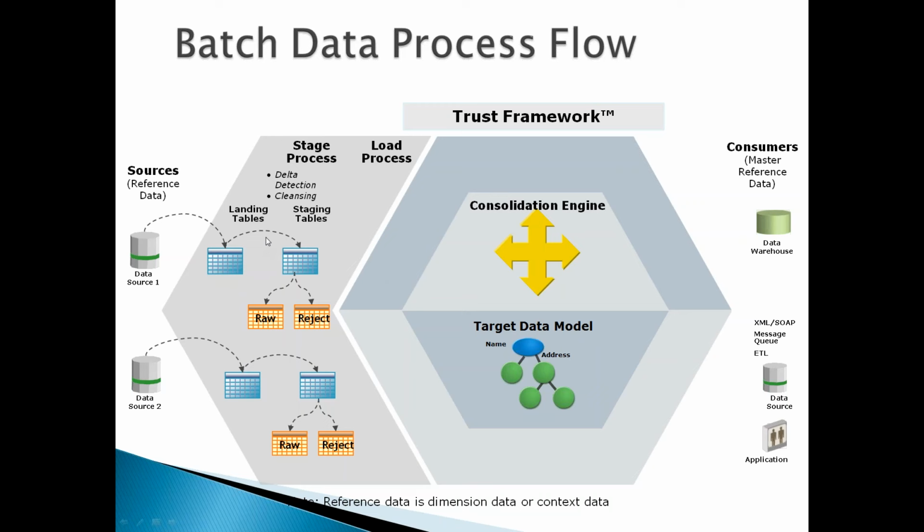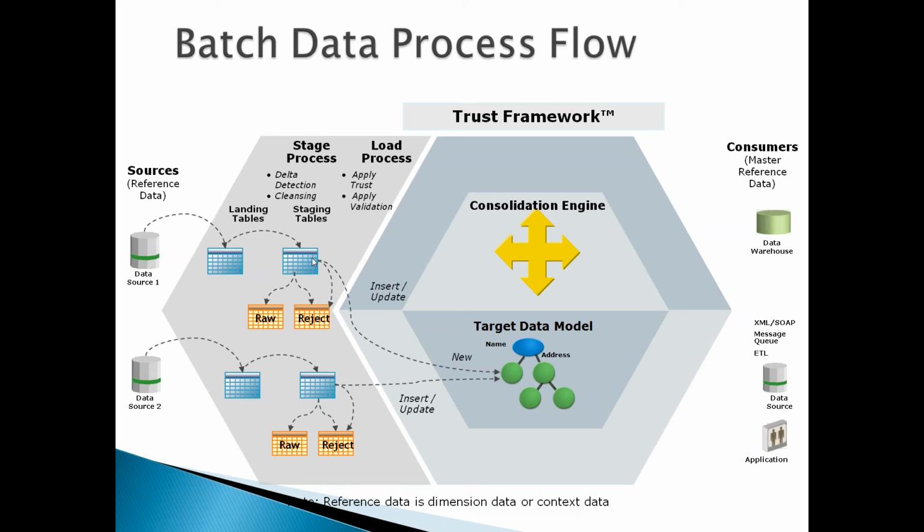So if we detect the delta records and skip those while loading into the staging table, we save time. Basically, the time gain will be between the landing table and the staging table. So these are the three tables associated with the staging table: the raw table, the reject table, and the PRL or previous landing table used for delta detection.